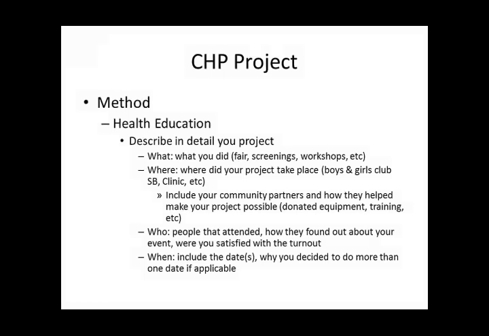Another example could be you worked with a community partner like Planned Parenthood, and they provided training to you before you went out and educated people in the community. So for all of the community partners that were involved, sometimes it's only one, it's at the place where the event actually takes place. Sometimes people have community partners that assist them in other ways. You want to make sure you give them credit here in this section.